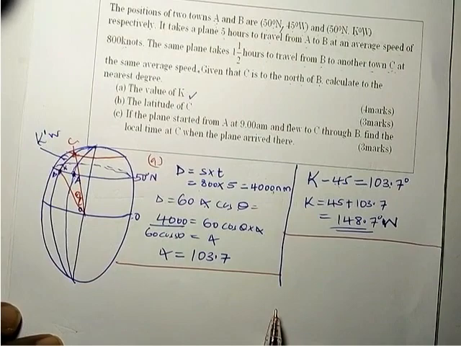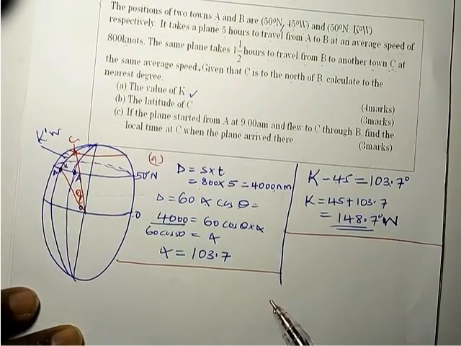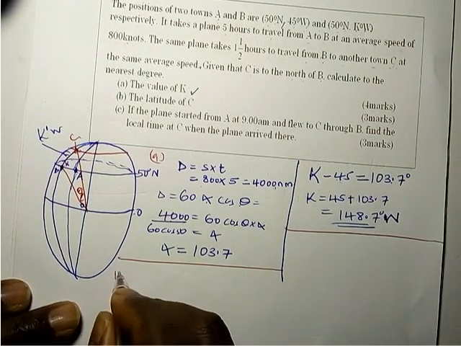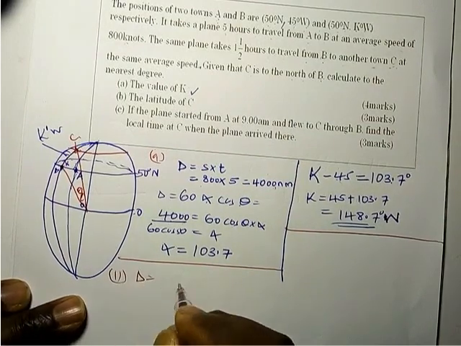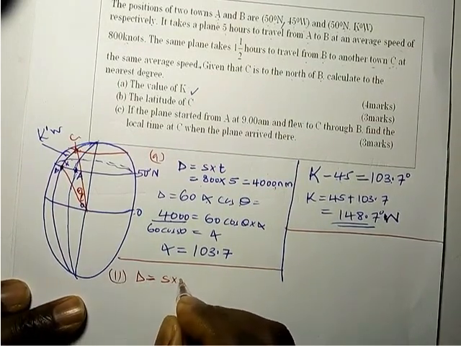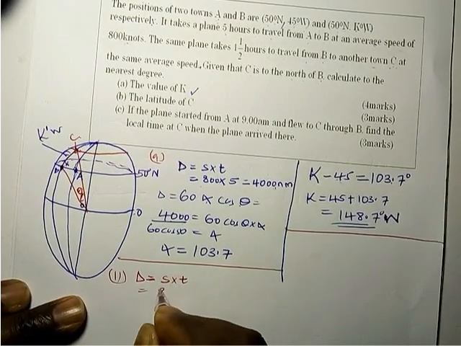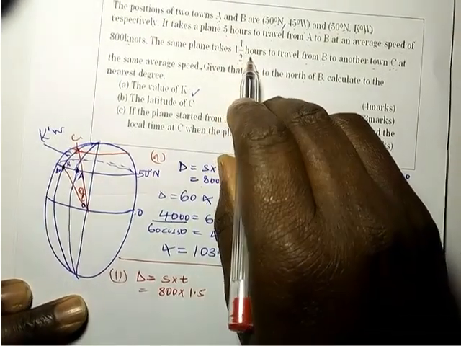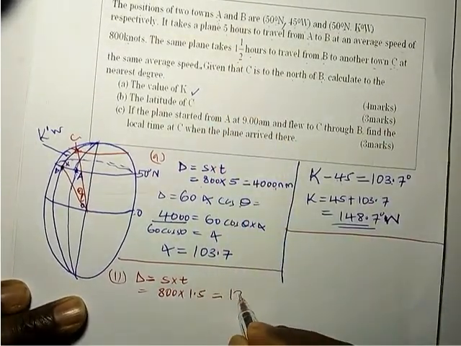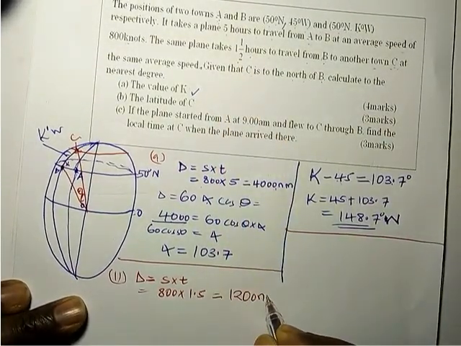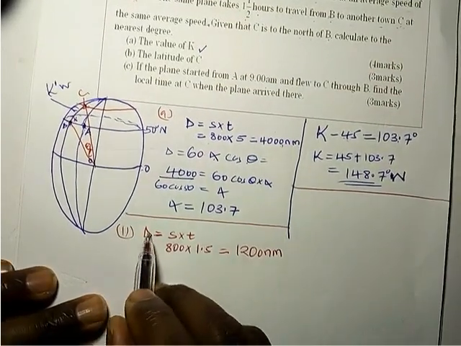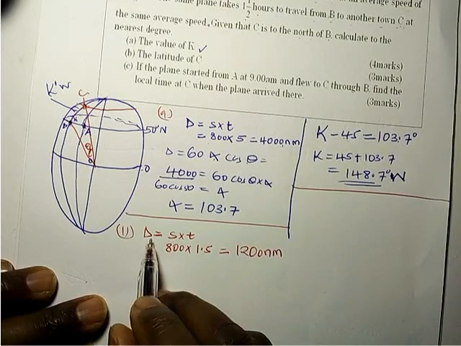We now have the distance, because they are going on the same speed. That is Roman 2. Distance is equal to speed times time. Our speed is 800 times time is 1.5 hours, and this gives us 1200 nautical miles. But we know this one is on the great circle, right?